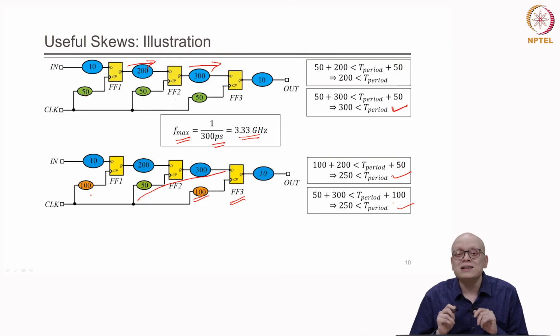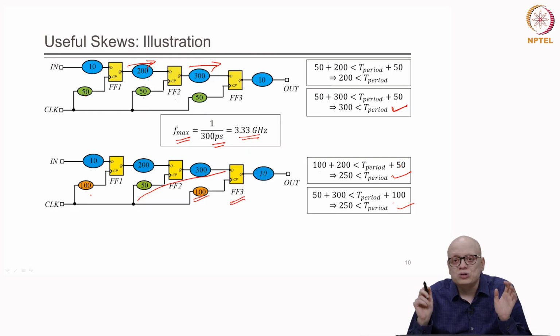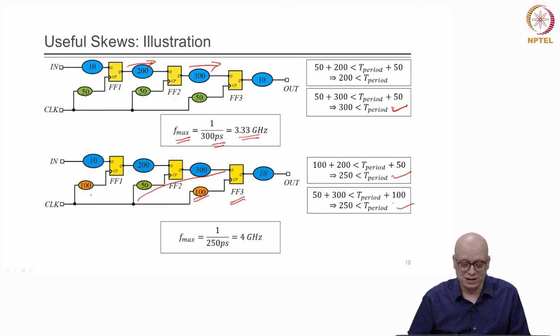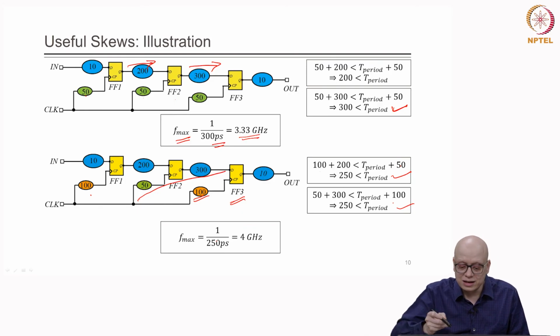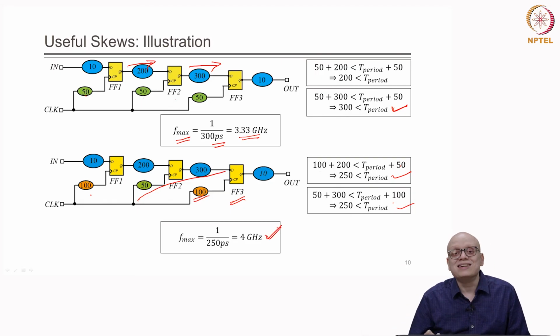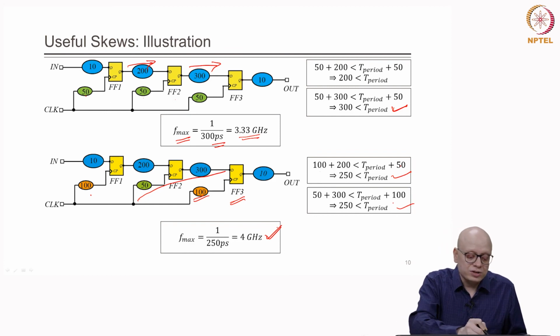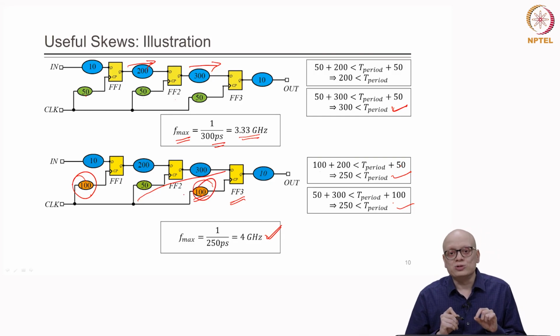So, what should be the minimum value of T period? The minimum is 250, and from that we can compute the maximum clock frequency at which this circuit can operate. F max is equal to 1 divided by 250 picoseconds, which is 4 gigahertz. So we have enhanced the maximum operable frequency of our circuit by introducing skew in our clock distribution network.